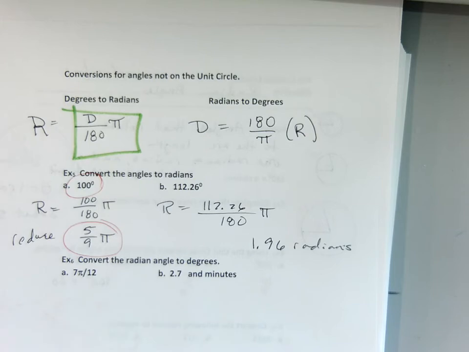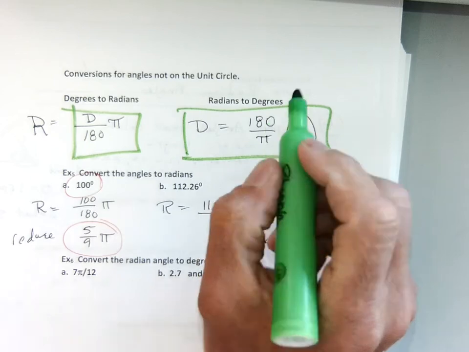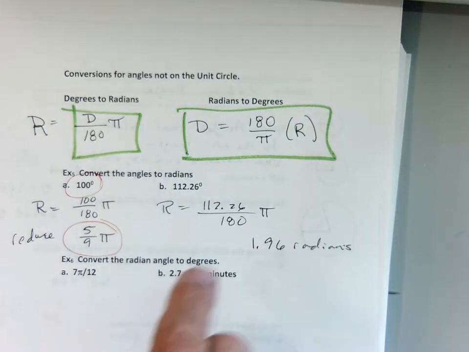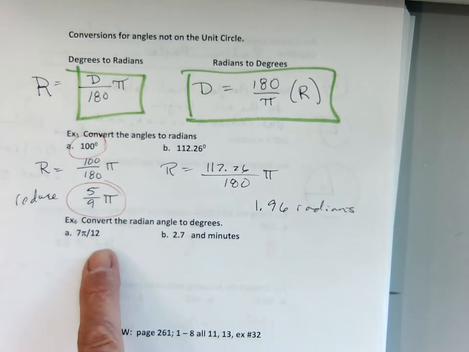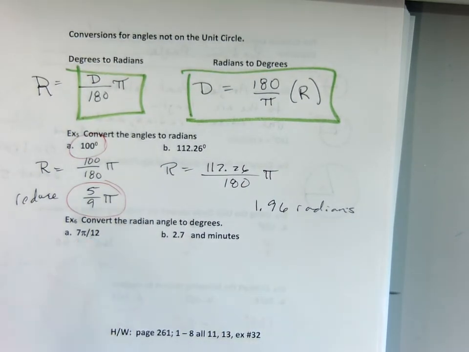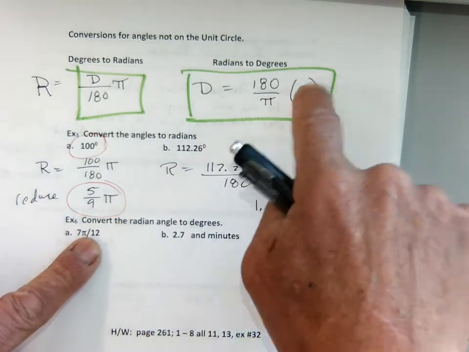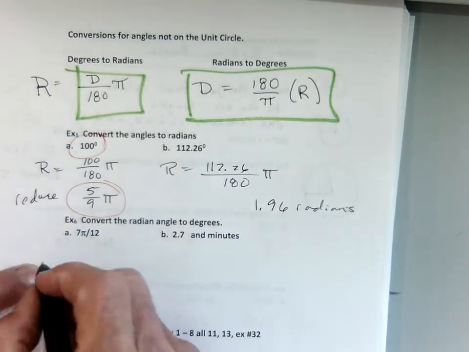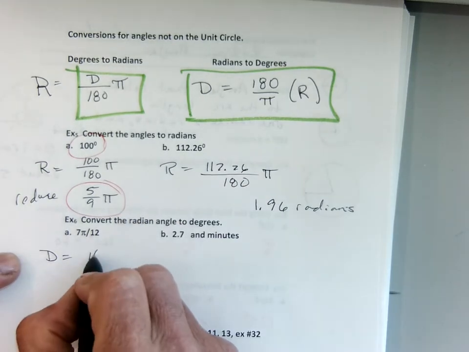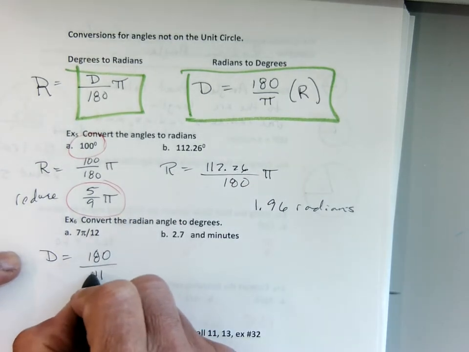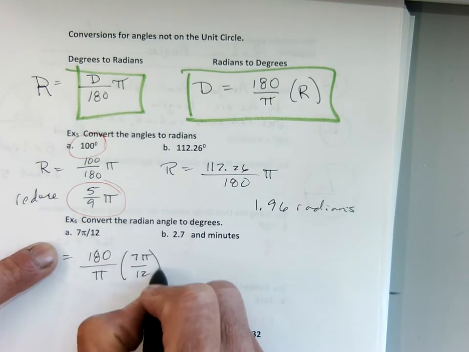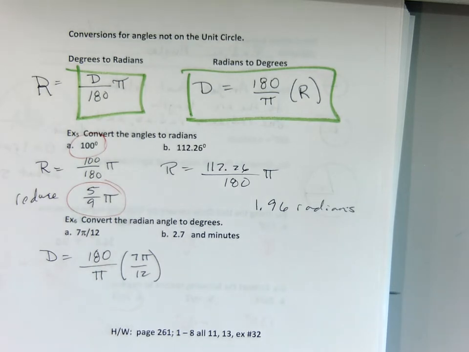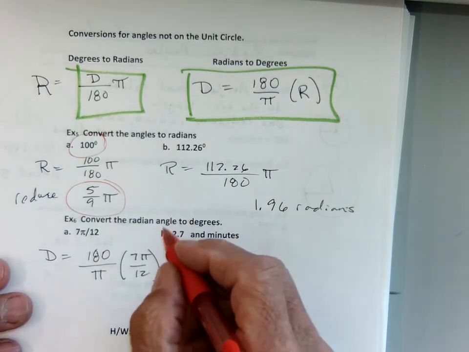Okay, so all we're going to do is just take the opposite. If we want to change a radian to degrees, we take 180 over pi times our radian. Let's figure out how we do number 7. Here's our radian. Our degree equivalent is going to be 180 over pi times 7 pi over 12. Now I can cancel my pi's.